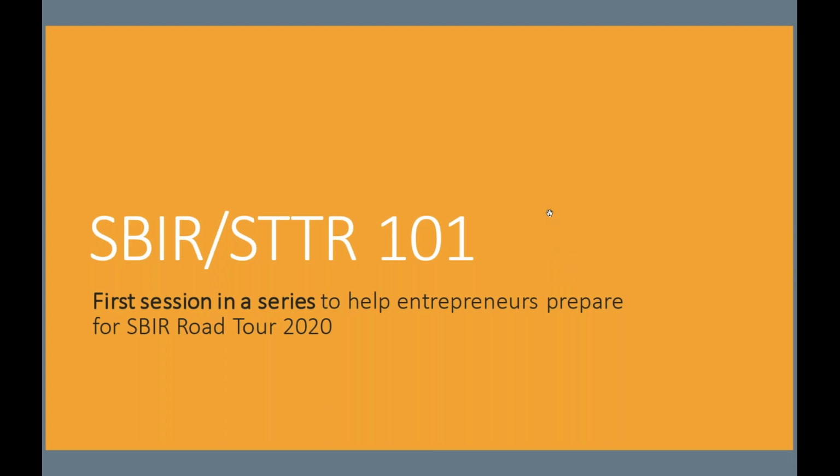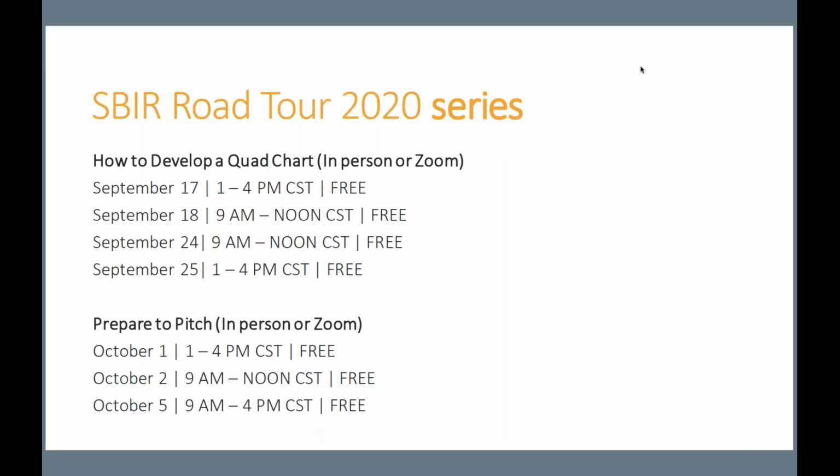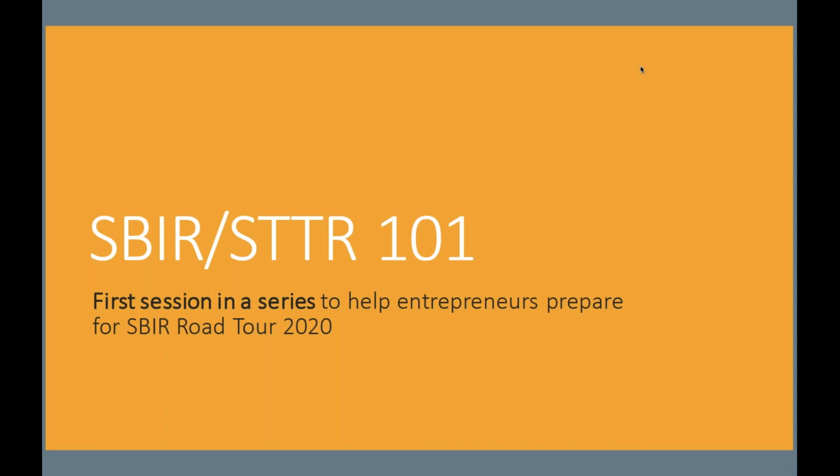Okay, so we're going to go ahead and get started today with the webinar about SBIR STTR. It's kind of a 101 beginning session here. Right in bold it says first session in a series, and the idea here is to help people prepare, have top level information, whether they're entrepreneurs or university researchers or what have you, to learn a little bit more about this federal funding mechanism.